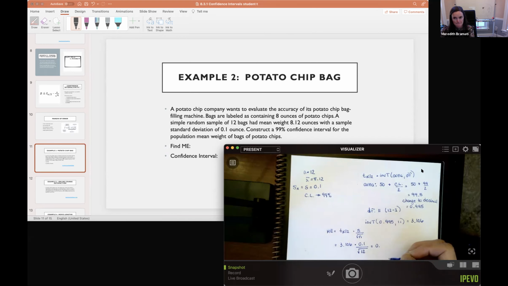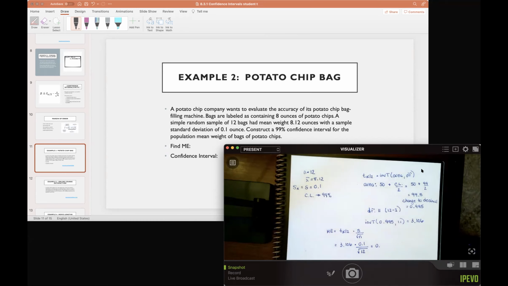Anybody else? 3.106 times 0.1 divided by 12. I got 0.8966.